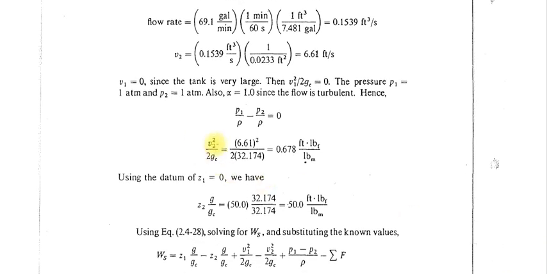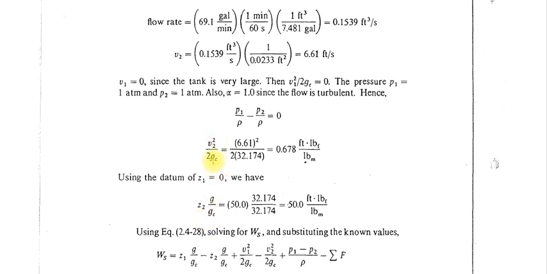Now you have to calculate V2 square by 2GC. GC is a coefficient which is used when you solve the problem in British unit, and the value of GC is 32.174. Okay, so you have to remember this. When you solve the problem in the British unit, you have to use the GC, and the value of G is 32.174. So G and GC are the same numerically.